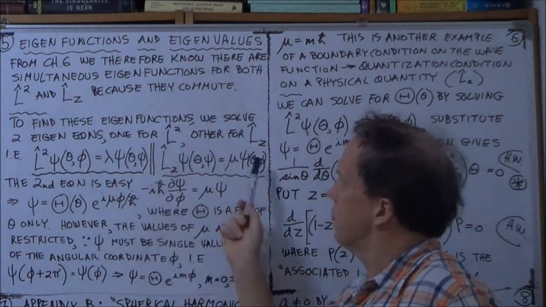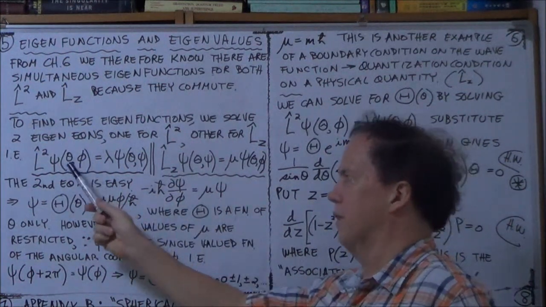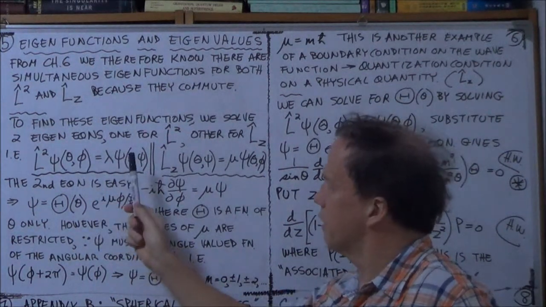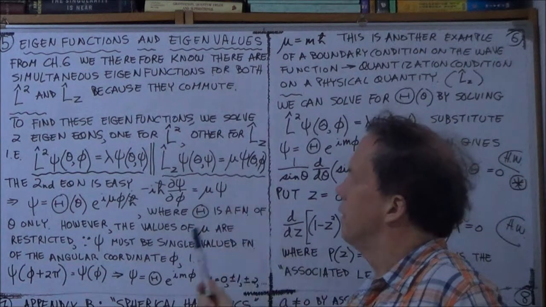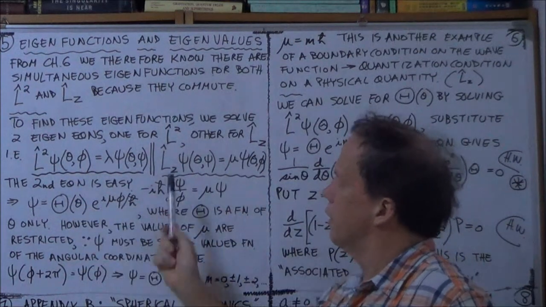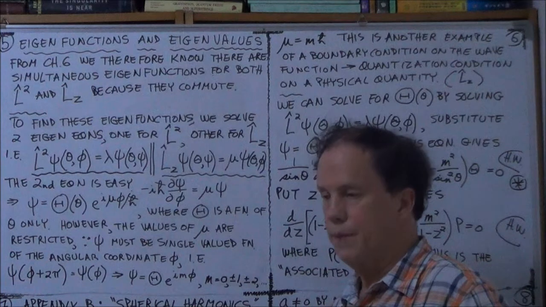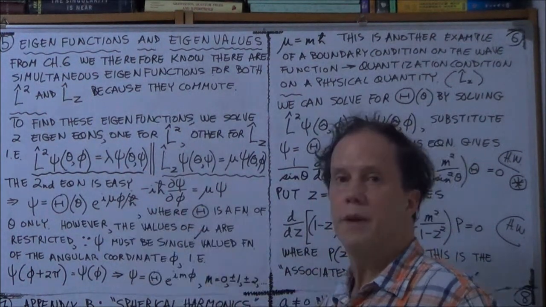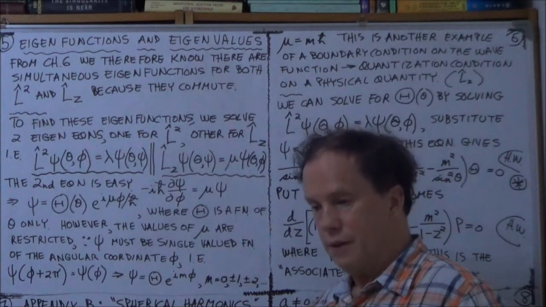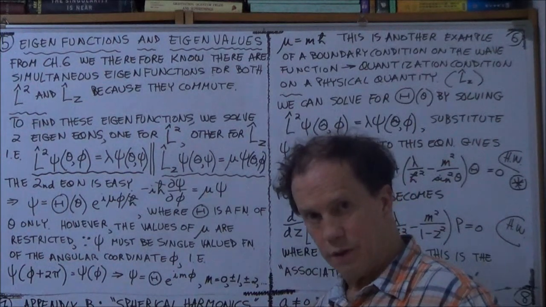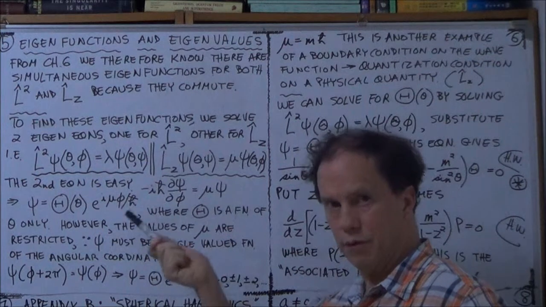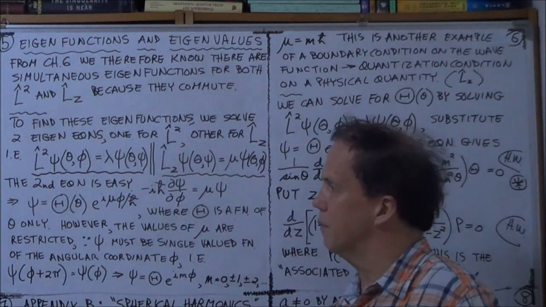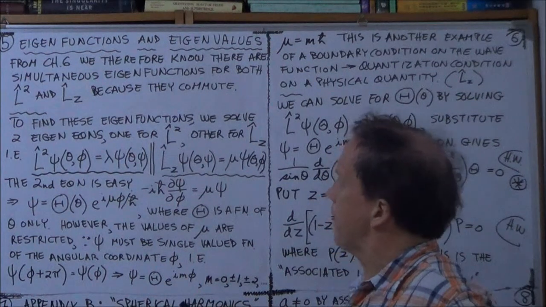So we can do this, and the fact that we can use the same set of eigenfunctions for these two different operators comes from the theory of the previous chapter. We proved that earlier in the previous lecture.